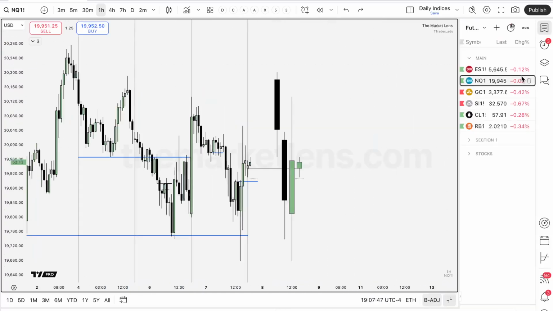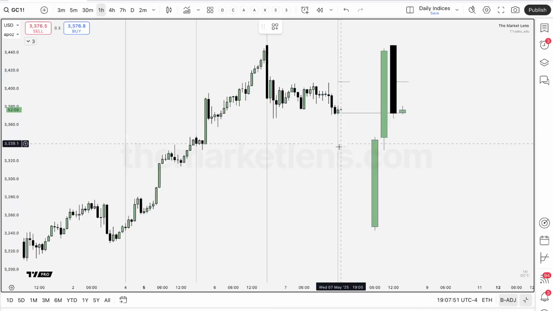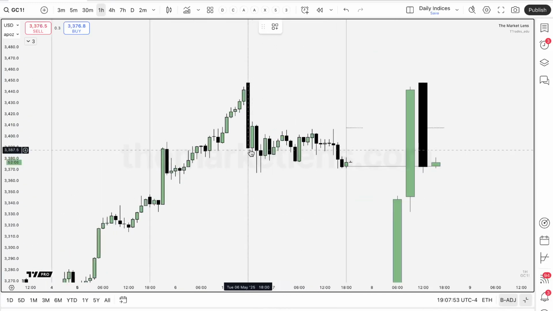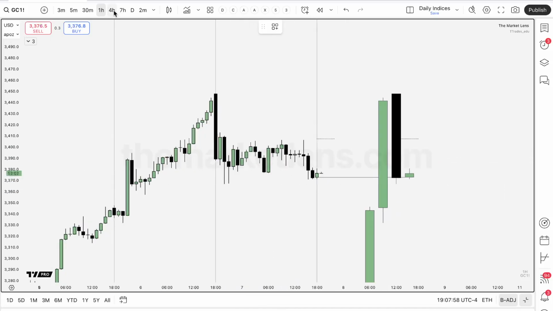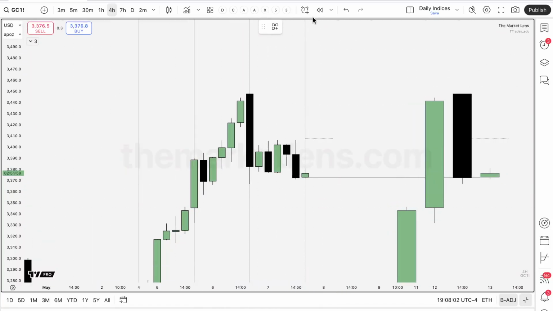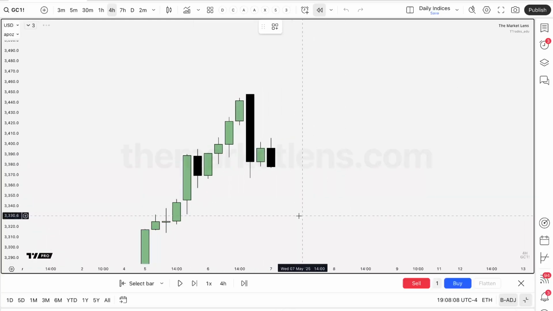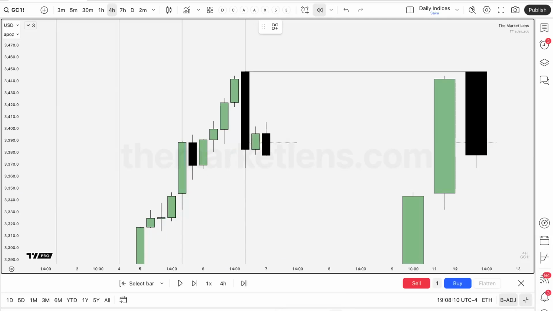So that's NQ. We'll go over to gold here. I was talking about gold in here, actually. It just didn't provide the setup I was looking for. We can talk about it really quick. I was live streaming during this. And what I'm looking for here is, we have a fair value gap here.